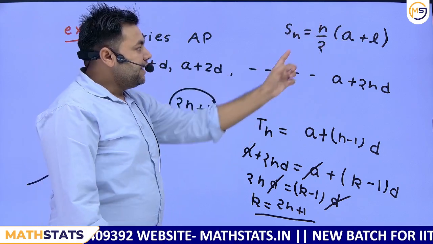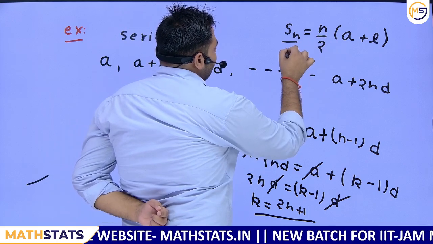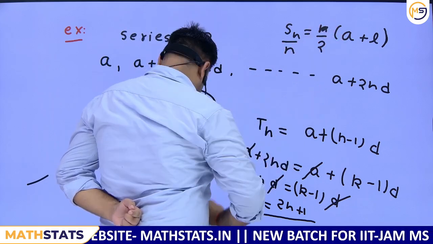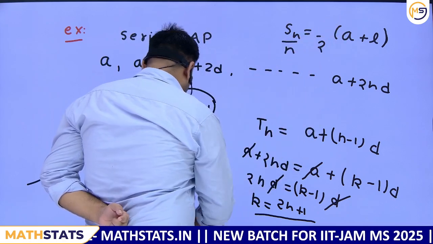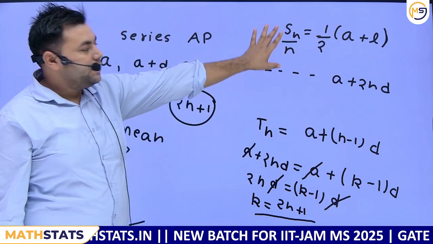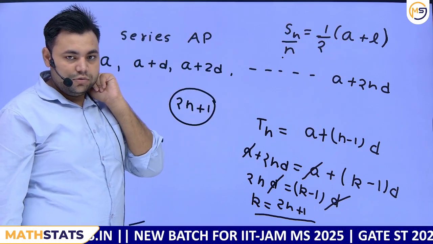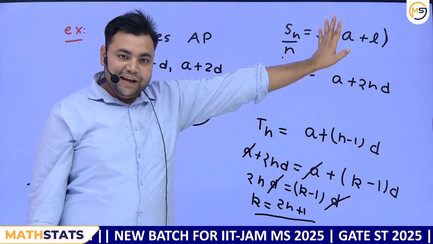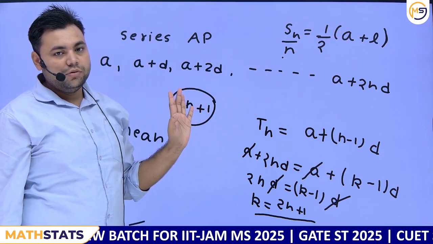Now if we divide by n, we get the mean. So Sn by n equals the mean, which equals first plus last term by 2. So the mean of any AP series is equal to the first plus last term by 2.